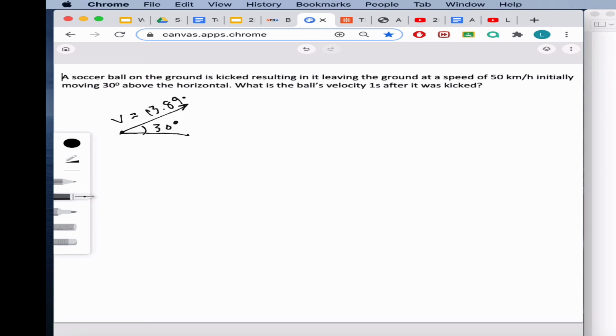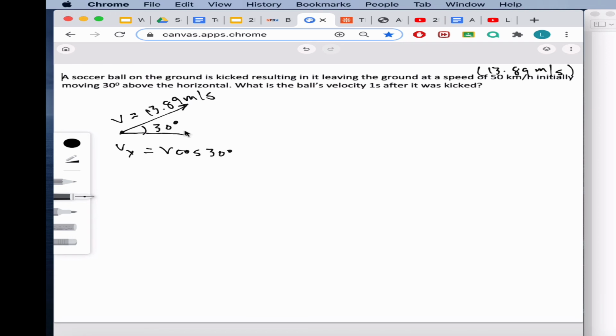So let's set it up in the same way that we've been doing our other problems. First, we'll draw a diagram and label it. And what we know is we have an initial velocity of 50 kilometers per hour, which is equal to 13.89 meters per second at an angle of 30 degrees from the horizontal.